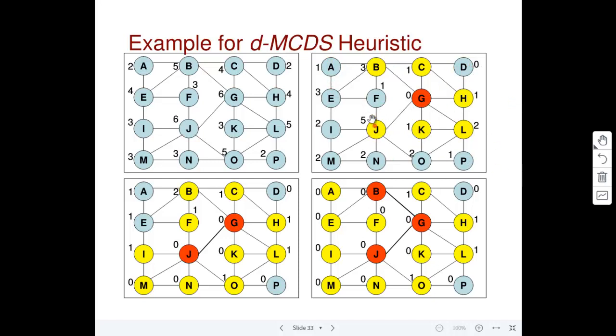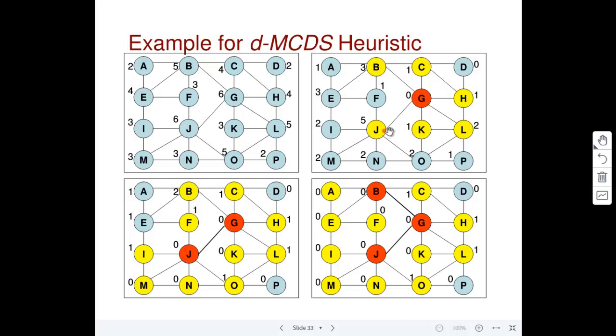After you do that, among the covered vertices, the yellow colored vertices, covered means at least one of their neighbors is part of the connected dominating set.